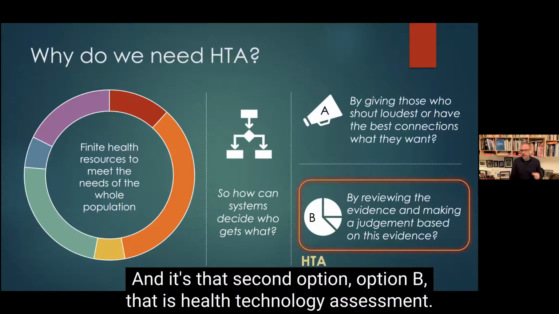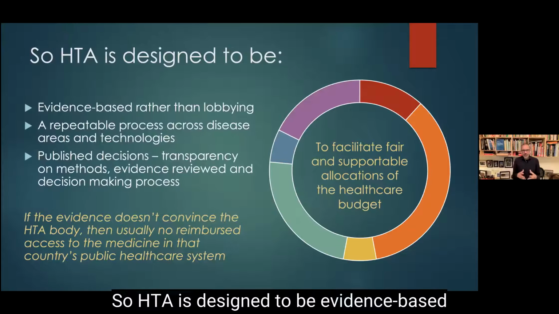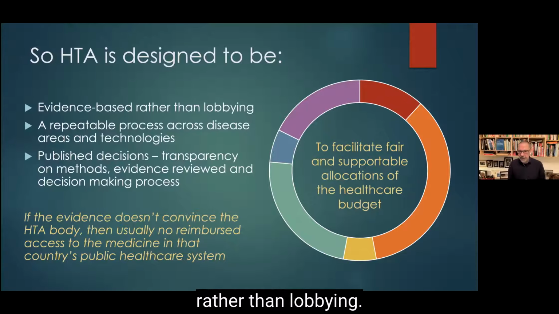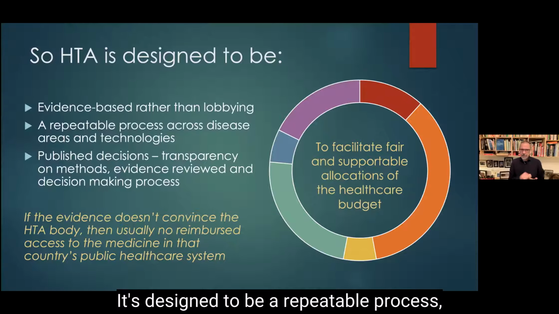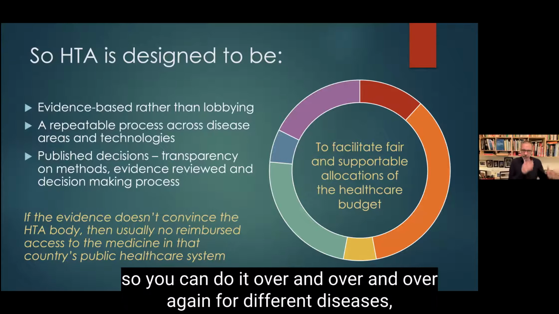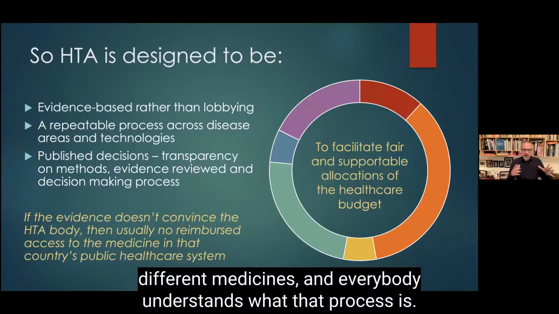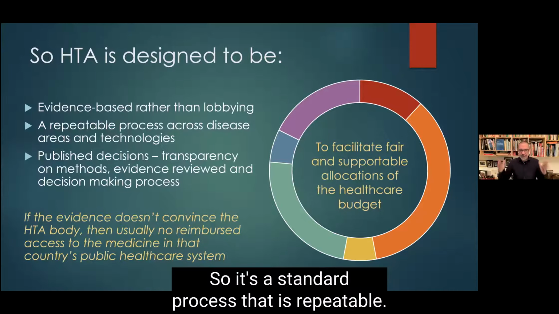And it's that second option, option B, that is health technology assessment. So HTA is designed to be evidence-based rather than lobbying. It's designed to be a repeatable process, so you can do it over and over and over again for different diseases, different medicines, and everybody understands what that process is. So it's a standard process that's repeatable.